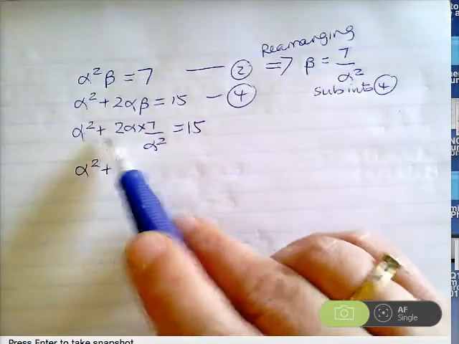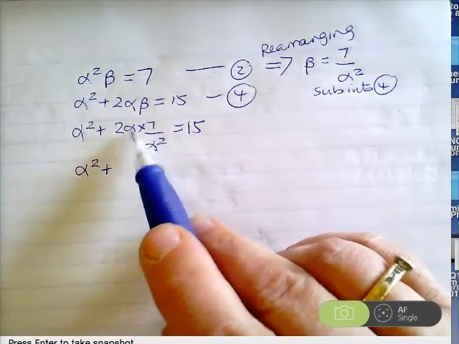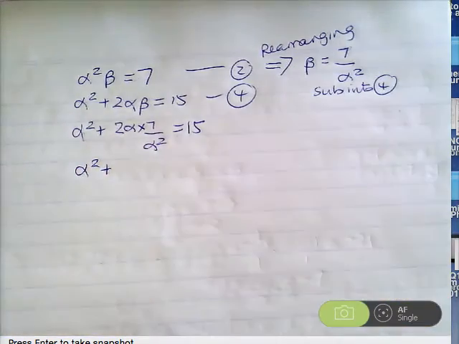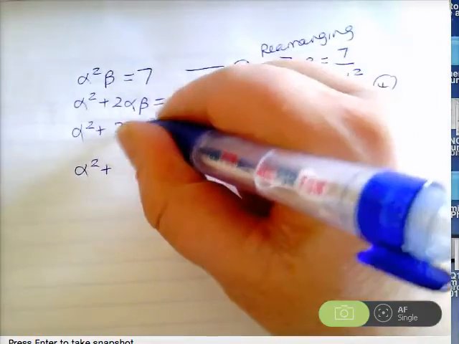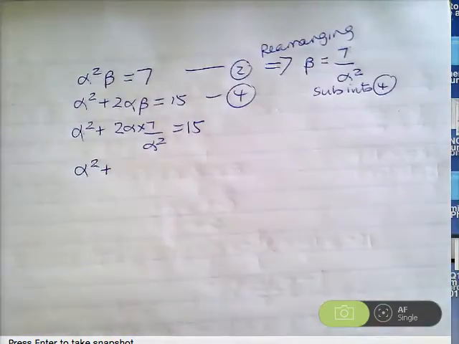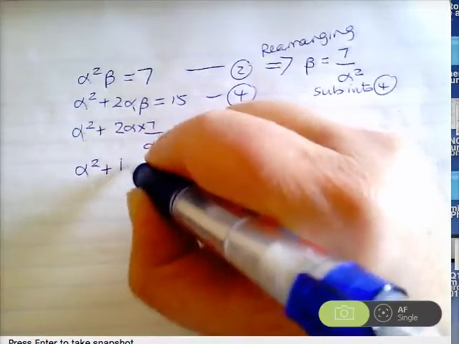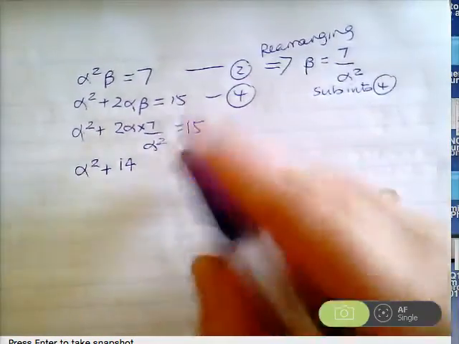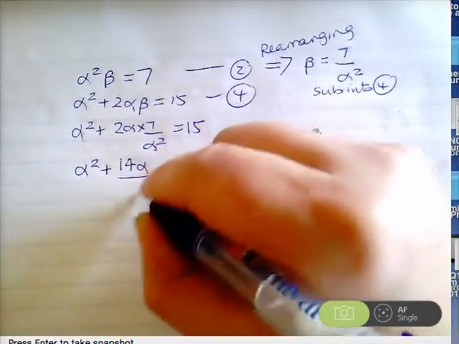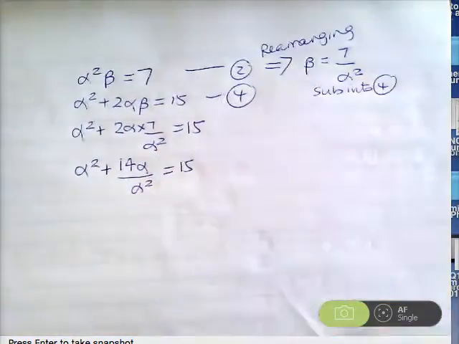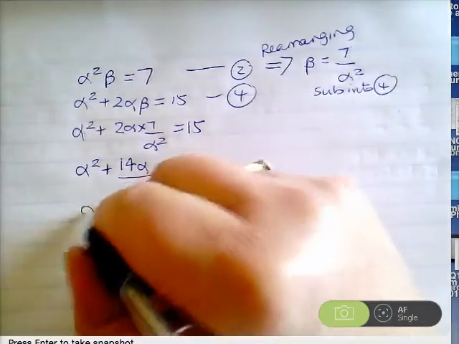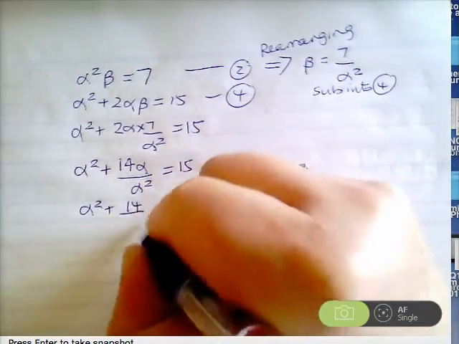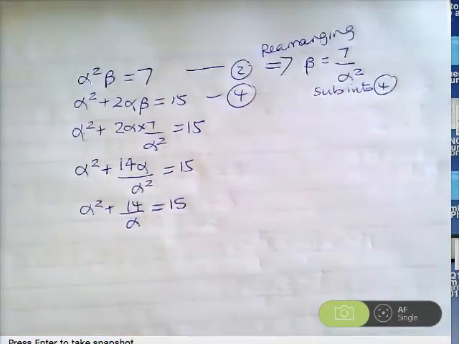So we get alpha squared plus 2 alpha times 7 over alpha squared equals 15. You can cancel between the numerator and the denominator. This is really 14 alpha over alpha squared. So one of the alphas cancels, and you get alpha squared plus 14 over alpha equals 15.